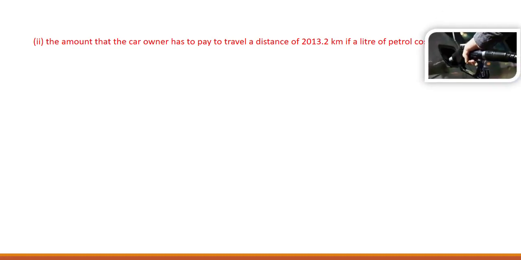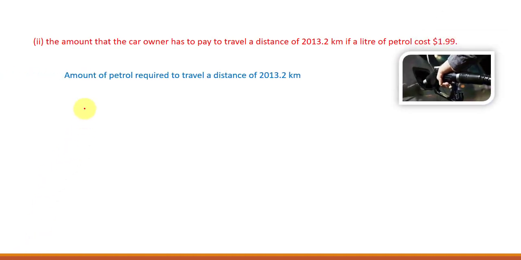First of all, we calculate the amount of petrol required to travel a distance of 2013.2 kilometers. Now that will be equal to 2013.2 kilometers divided by the amount that we calculated in part 1.